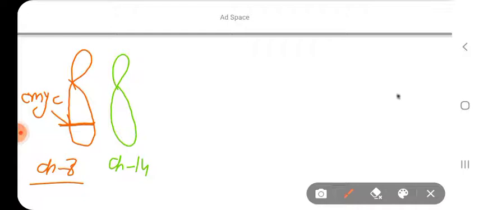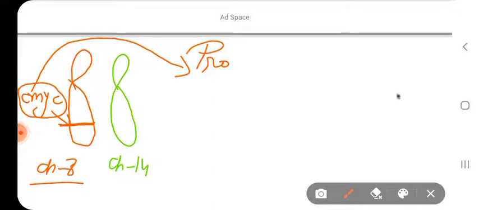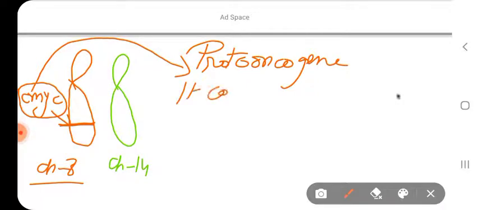This CMYC is actually a family of regulatory genes, and it is also a proto-oncogene that codes for transcription factors.